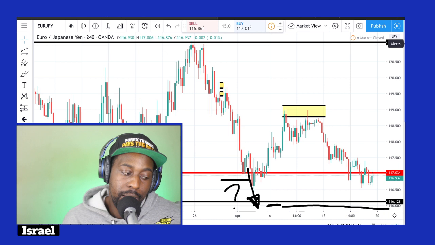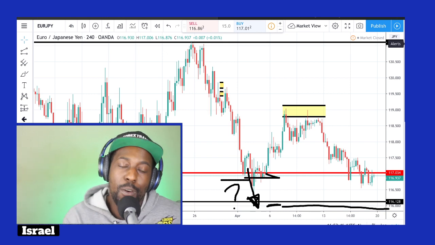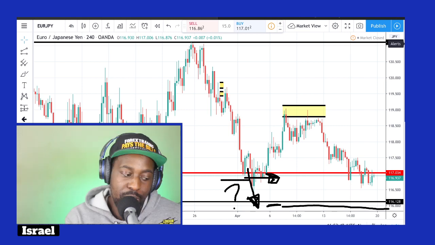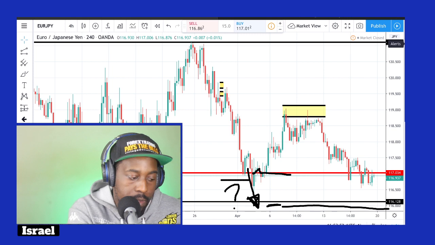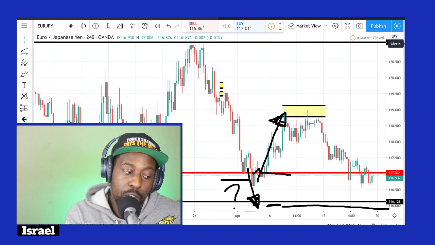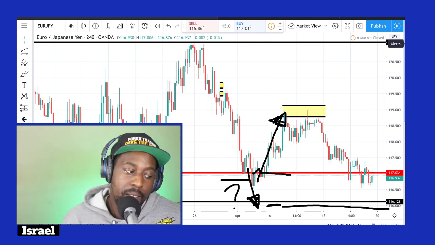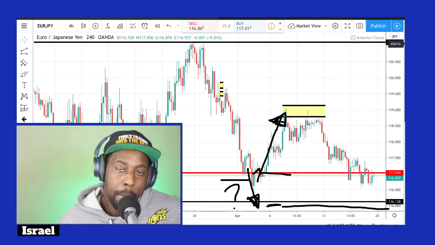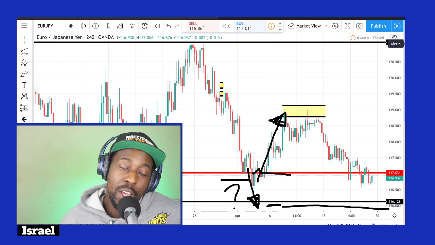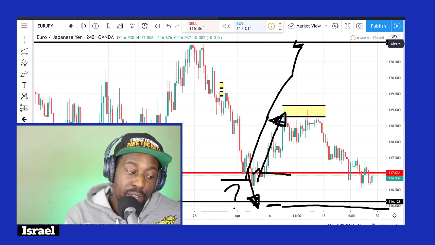But what's more likely is price decides to move sideways, which you have to be cautious of, or even more likely is to move higher, and people are going to be taking profits. The market pushed up from here previously, so price could easily get back up to here, where price was just a few days ago.